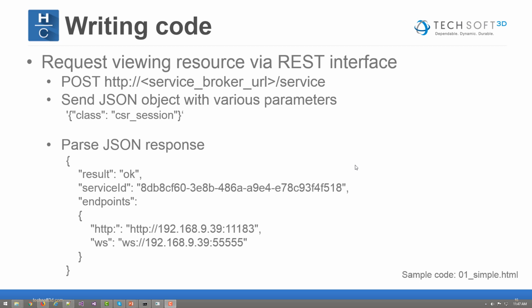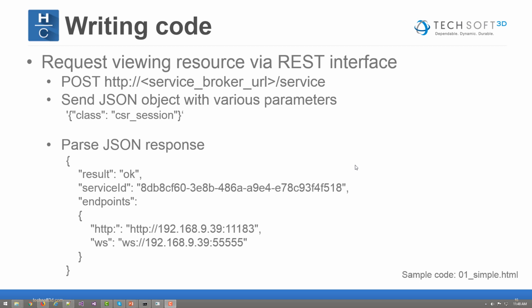Okay, so now we're going to take a little bit deeper dive into the process of actually starting the viewer. So if you think back to what we talked about earlier, where the client is making this request to a server, we're going to zoom in on that a little bit so we understand exactly what's going on.